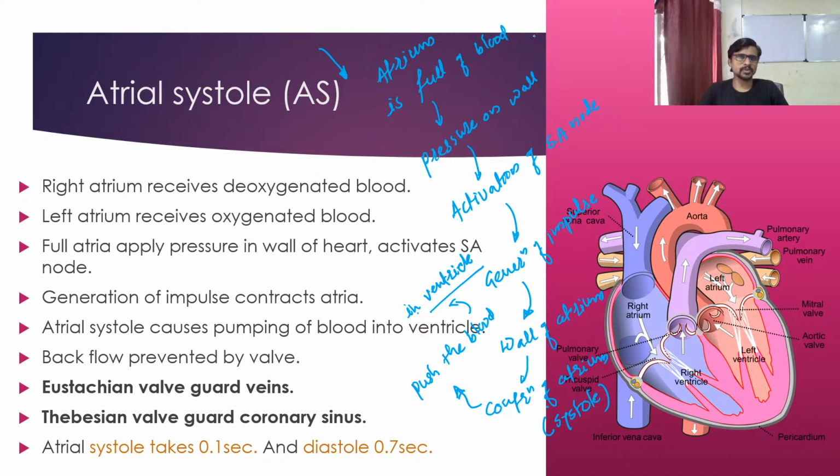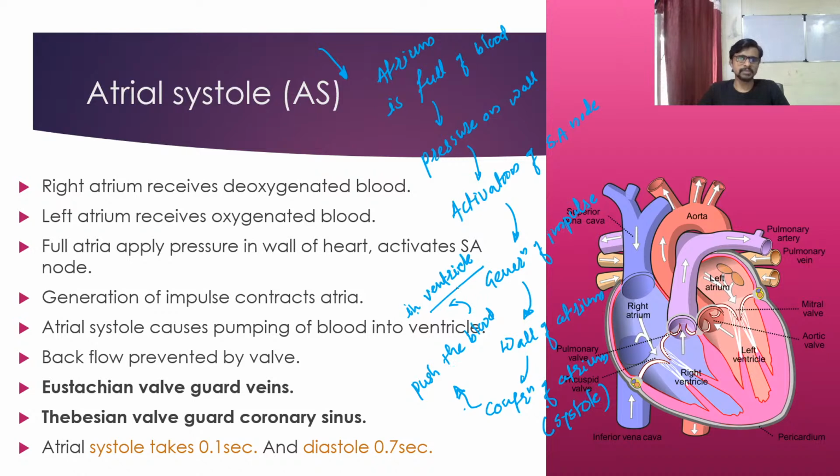The atrium is full of blood. It applies pressure on the wall, and the wall under pressure activates the SA node. Because of the pressure, the SA node generates the impulse, and because of that impulse the atrium is contracted, and the high pressure applied on the blood automatically opens the valve. So the contraction of the atrium has two things.